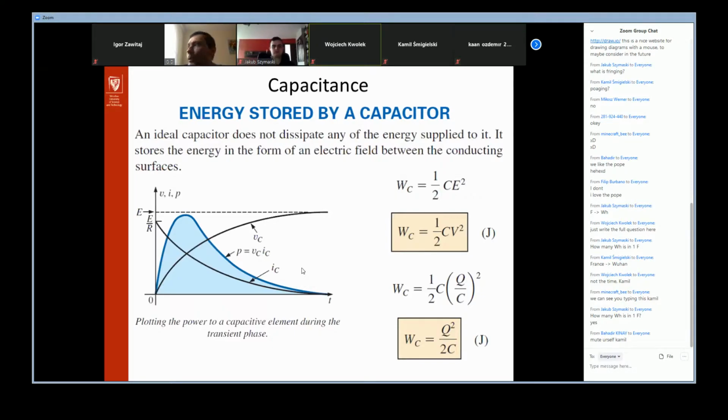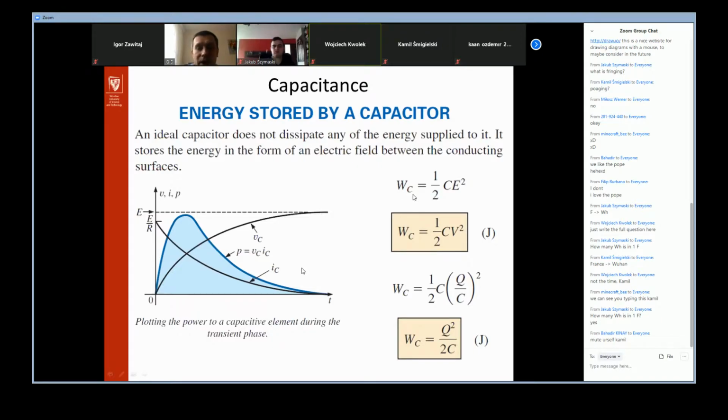What is the medium where this energy is stored? The medium is the electric field between the surfaces. There is, in fact, our energy which can be stored in our capacitance.